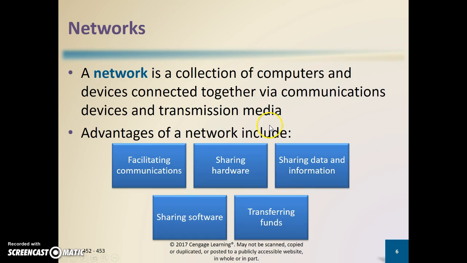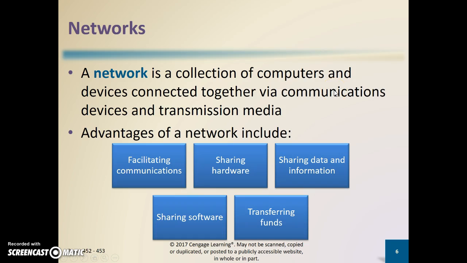So the advantages of a network include facilitating communications such as email, messaging, chat, blogs, wikis, voice over IP, and others. Sharing hardware. If you have a network, you can share hardware. An example is a printer.